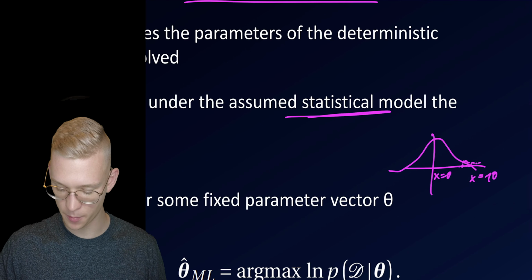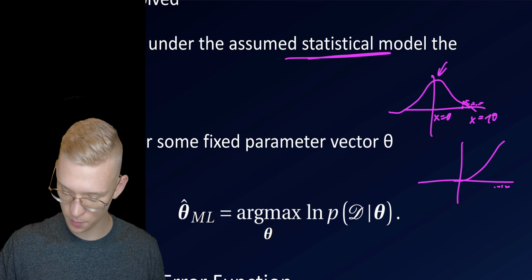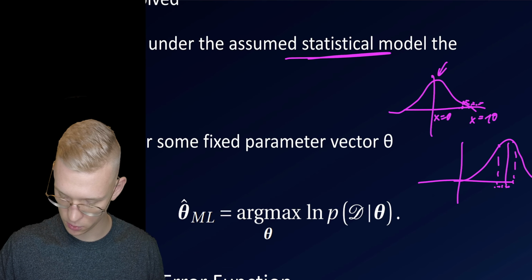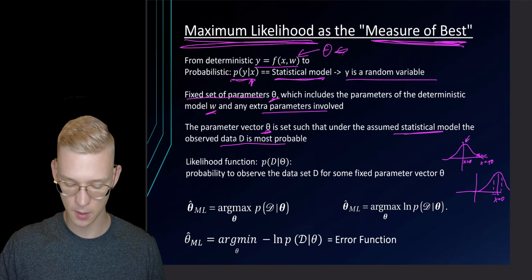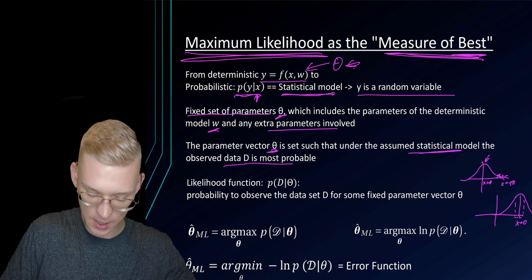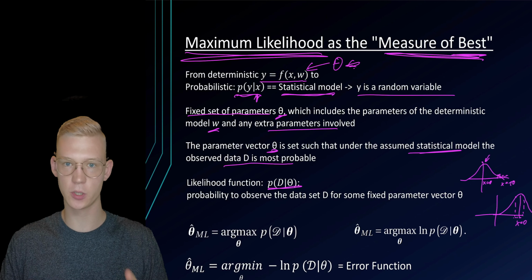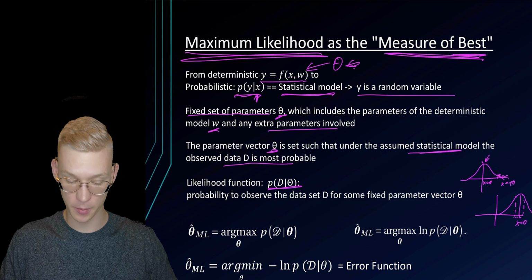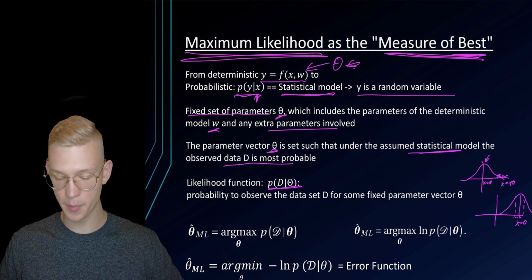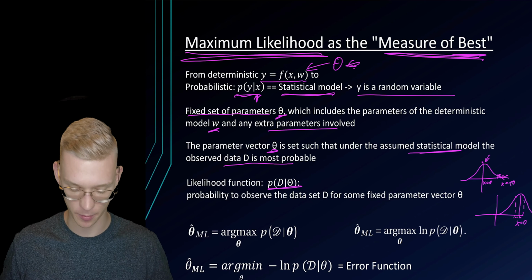So the most probable distribution, or the most probable mean, would be around 10. So around this area, so x is equal to 10. So the goal is to maximize our likelihood function. So we want to change the parameters of our probabilistic function so that the probability of this data that we have occurring is most probable.